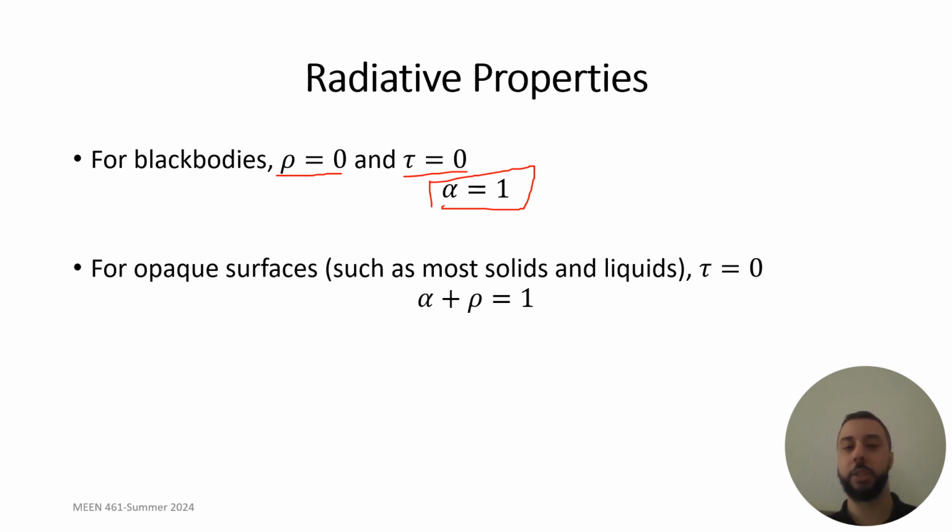Nothing is reflected and nothing is transmitted. It's all absorbed. For opaque surfaces, such as most solids and liquids, the transmissivity is equal to 0, so alpha plus rho are equal to 1. And we'll see later on in the lecture why it's important to know this relationship.